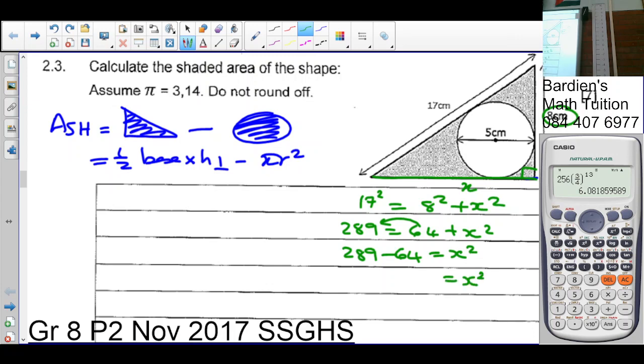So x squared is equal to 225. Not so? How do I solve for x now? Square root. And what's the square root of 225? Isn't it 15? 15 centimeters.